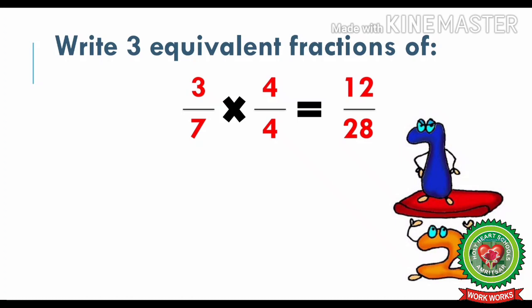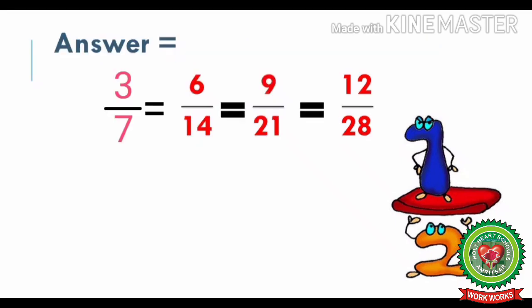That is 3 4s are 12 and 7 4s are 28. So, the third equivalent fraction is 12 upon 28. So, the three equivalent fractions of 3 upon 7 are 6 upon 14 is equal to 9 upon 21 is equal to 12 upon 28.